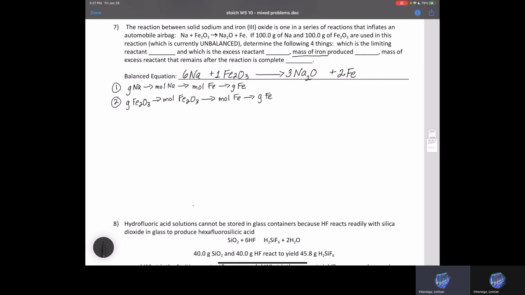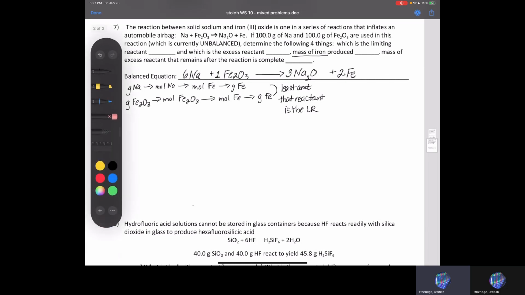And then after that, remember, you find out which one produces the least amount, and that reactant is the limiting reactant. Okay, so I'm going to erase the roadmap. Please make sure you keep it on your paper, but we are going to go through the steps in real time.